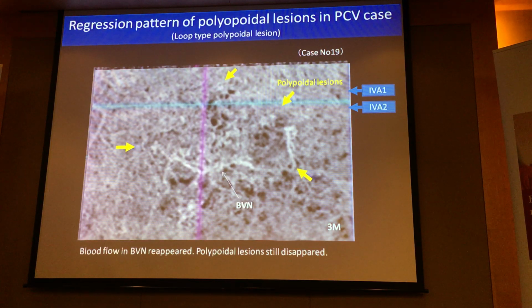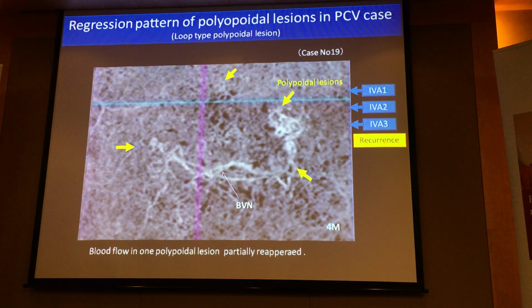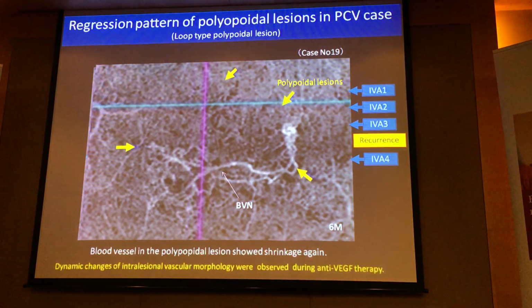After the third injection, we got the recurrence of one polypoidal region. And then retreatment makes regression again. So dynamic change in intraregional vascular morphology was observed during the anti-VEGF therapy.